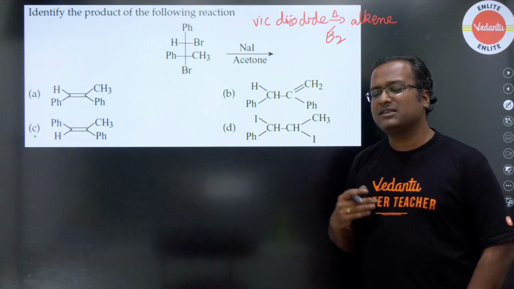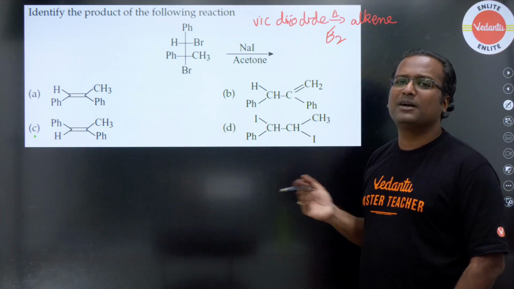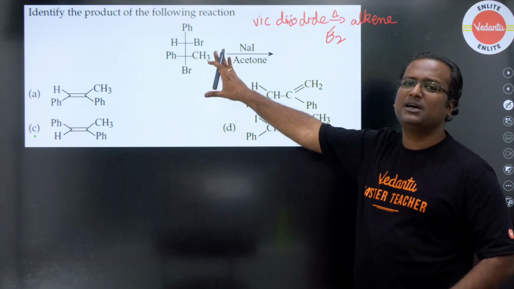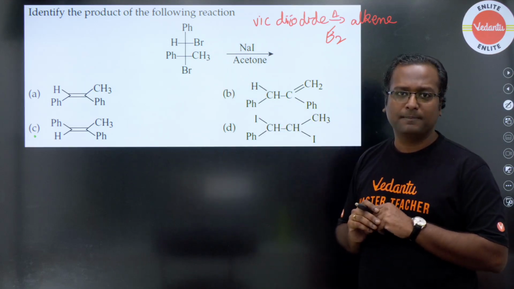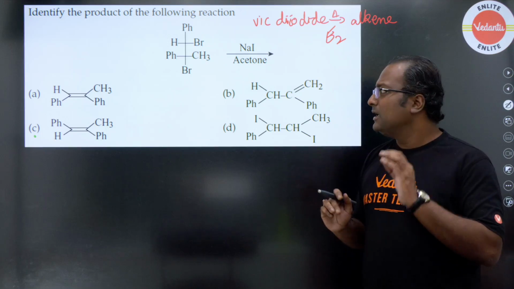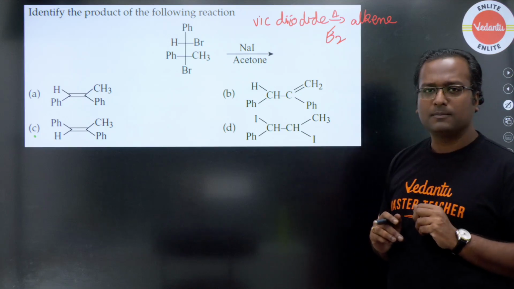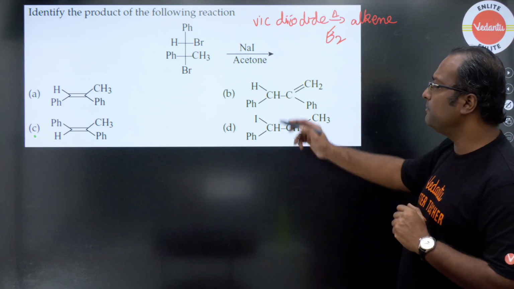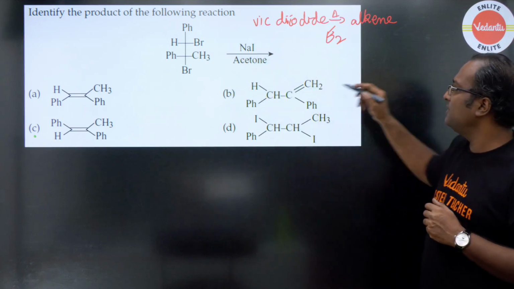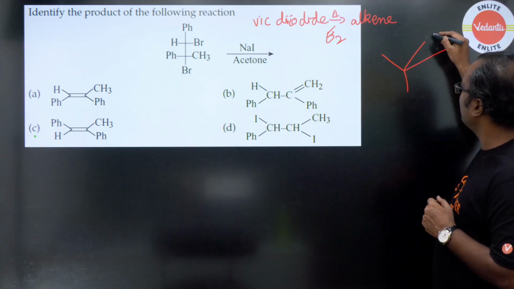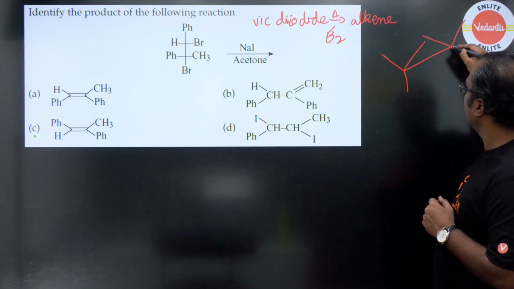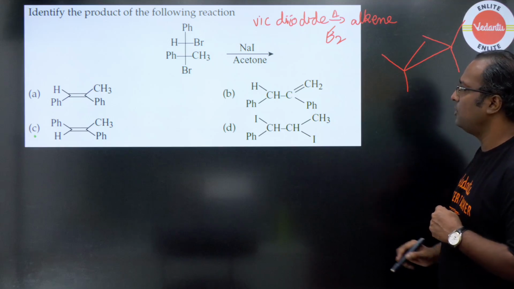Okay? My idea is to make you understand how to conduct E2 elimination given a reactant as a Fischer projection formula. The logic is very simple. Whichever Fischer is given to us, you simply convert it into a similar looking sawhorse.